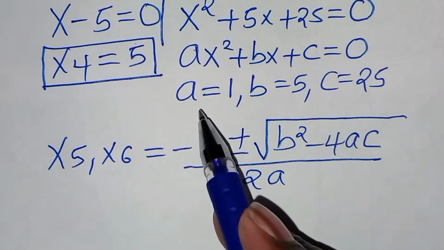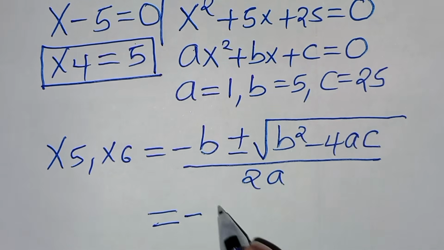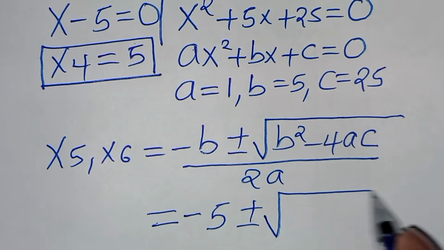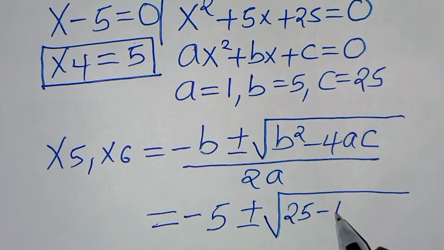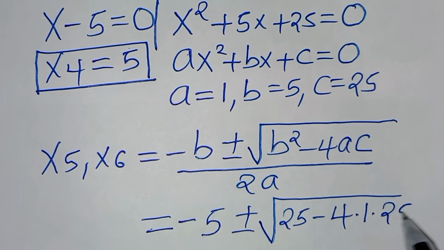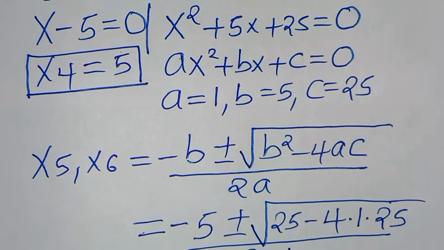Let's substitute the values of a, b, and c, so that now we have minus 5 plus or minus the square root of 5 squared, which is 25, minus 4 times a, which is 1, times c, which is 25, divided by 2 times 1.